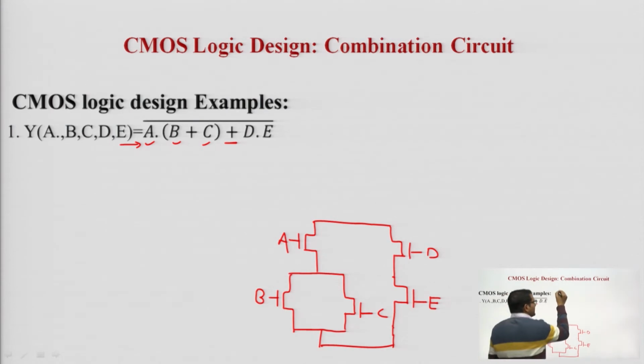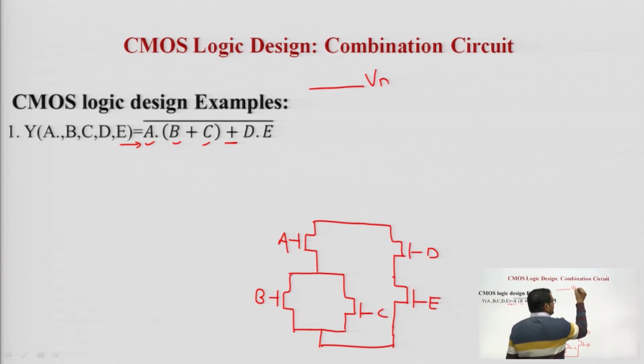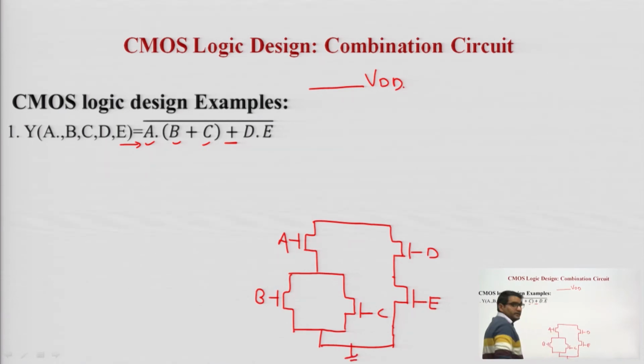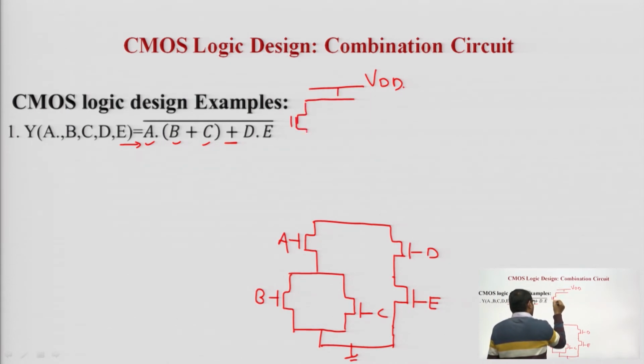Now next we design the pull up network. Pull up network is connected to VDD and pull down is connected to ground. So first we consider A dot B plus C. Here we define input A for PMOS, and B and C are in parallel in the NMOS network, so in PMOS they are in series.